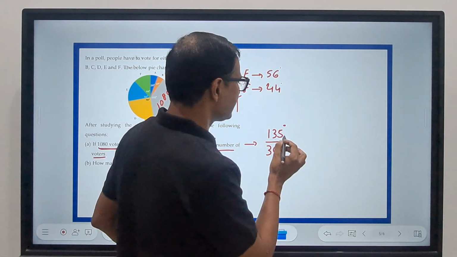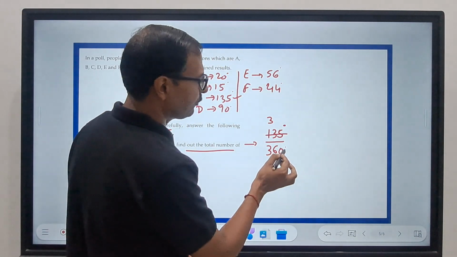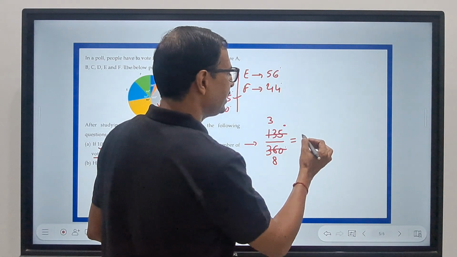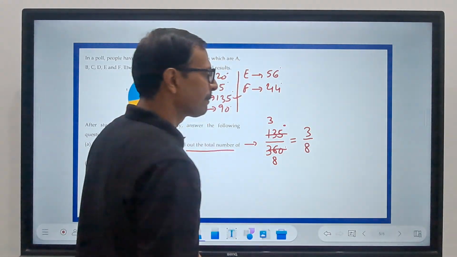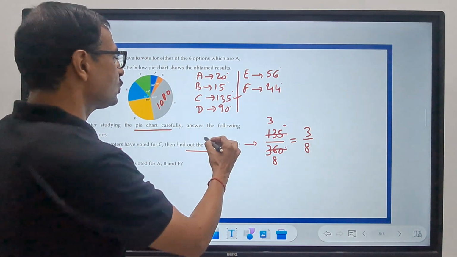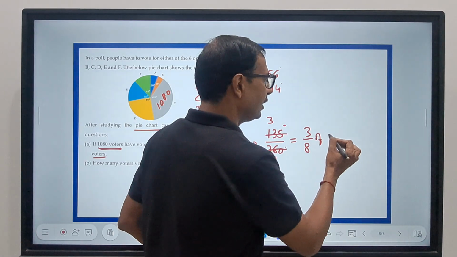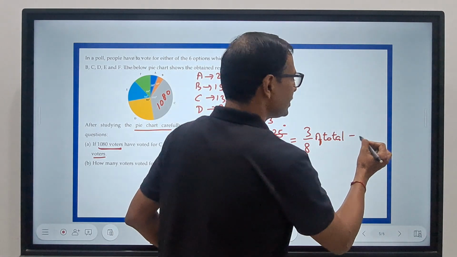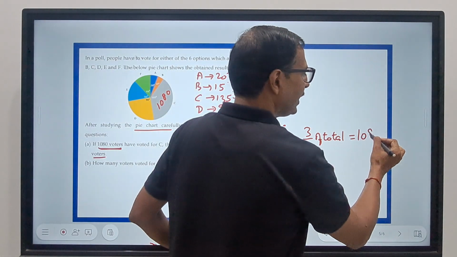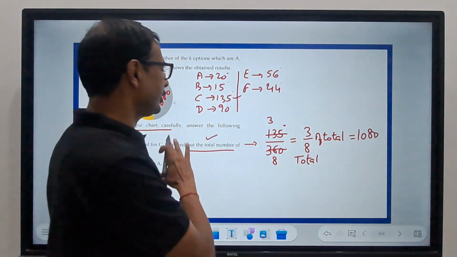And you can cancel this. 45 times 3 is 135 and 45 times 8 is 360. So this is actually 3/8. Now 3/8 of the total, right? We are asked to find the total. So 3/8 of the total is given in the question as 1080, and we need to find the total number of voters.